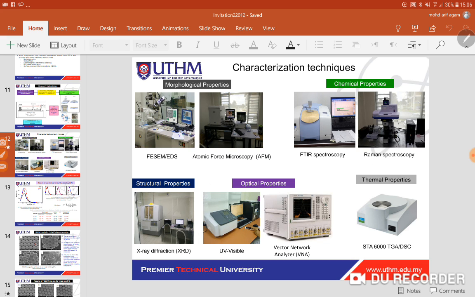For chemical, we use FTIR and Raman spectroscopy, and for structural analysis, we use XRD, and for optical properties, we use UV-Vis and VNA. This is some of the research that we do, and I will only be explaining to you about certain parts of the device.